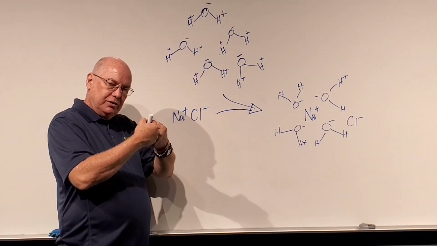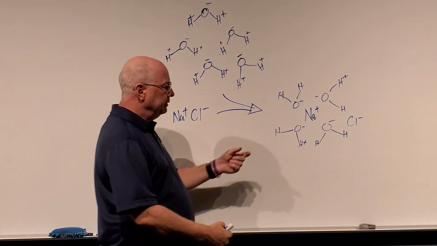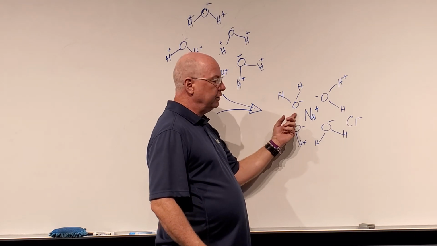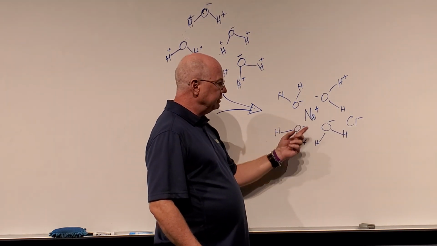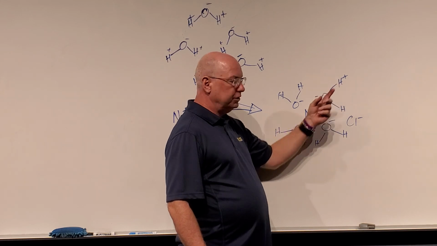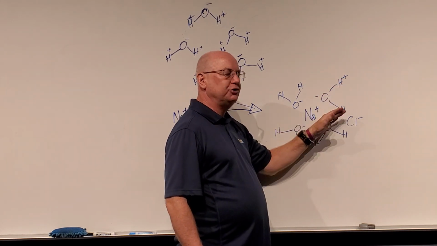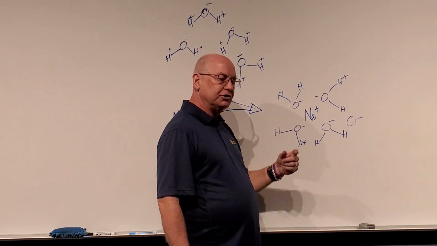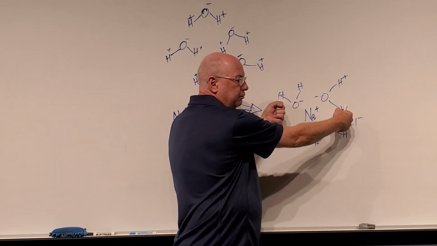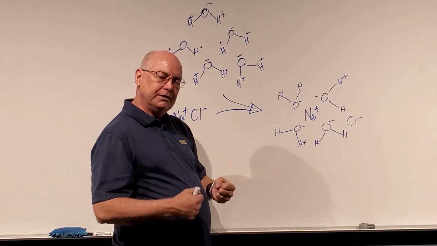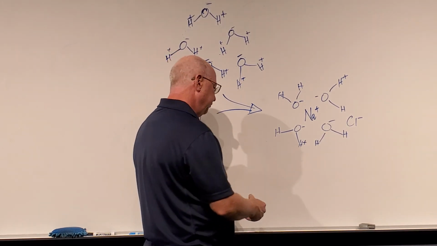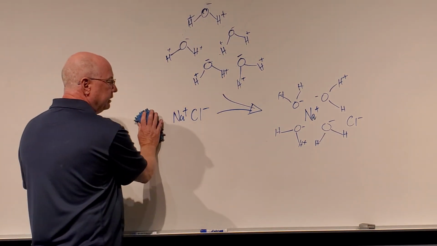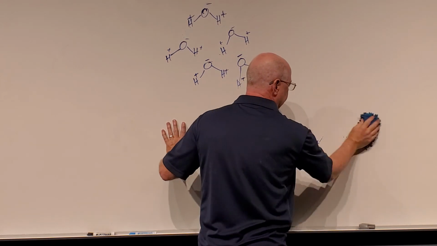And that causes what we call dissociation of the ion, because the negative part of a water molecule will interact with the positive ion, and the slightly positive charged part of a water molecule will interact with the negative ion. The negative oxygens and the positive hydrogens will break these ionic bonds and cause it to dissolve. That's sort of a neat thing to think about, but I'm not going to test you on that if you're in my class, okay?